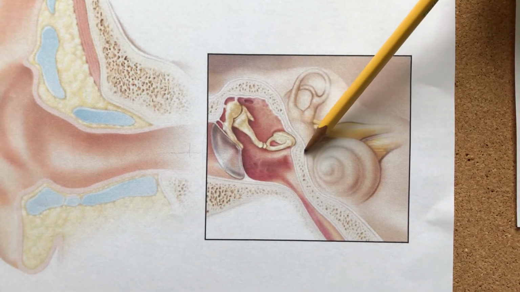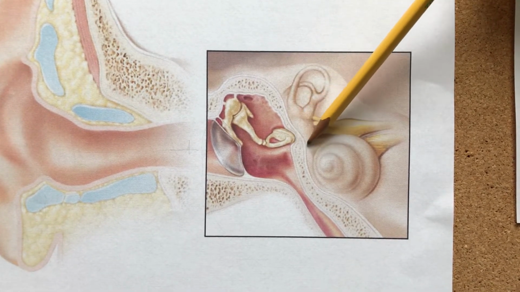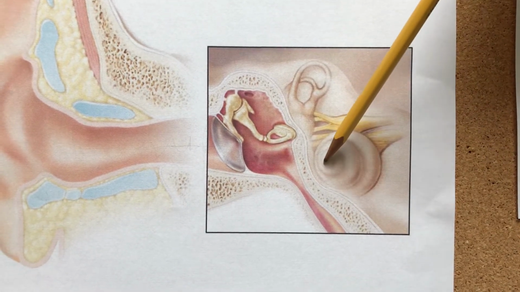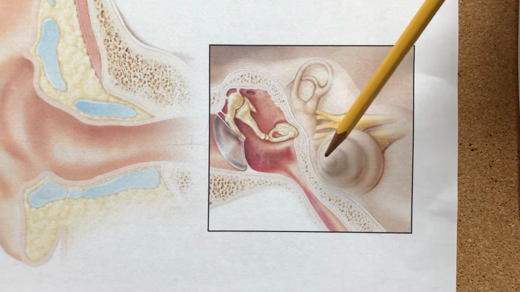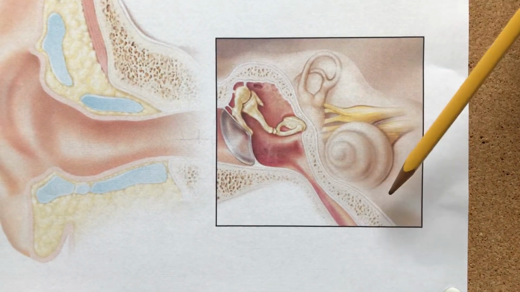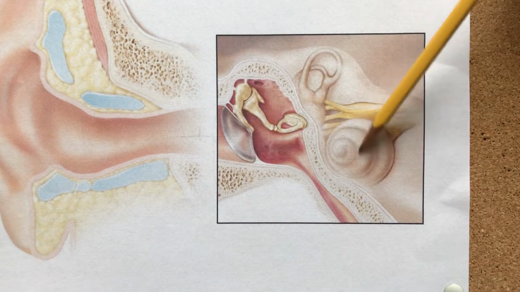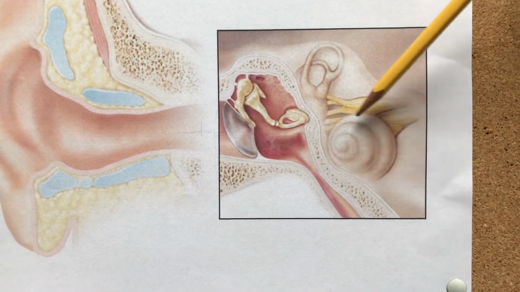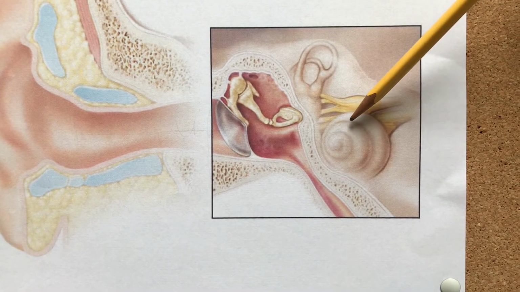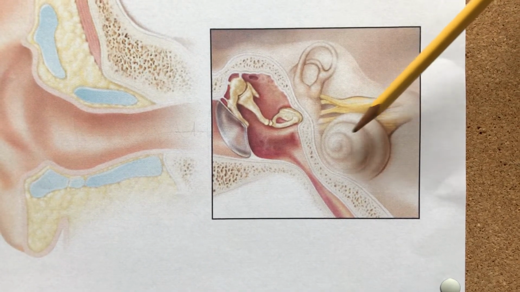The sound is going to enter at the bottom of the cochlea where the oval window would be located, and then the sound wave will run up to the top of the cochlea on one channel, which is the top tube, and then it will run back down along the bottom tube or canal. These are fluid-filled canals, and in between these two canals is going to be the organ of Corti or spiral organ, which will detect sound.